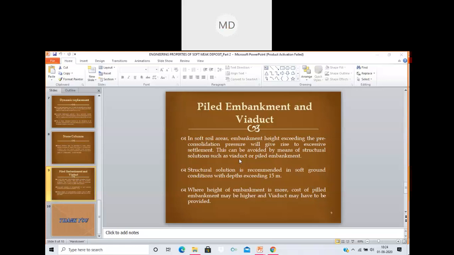So in those small areas, a small valley, we can avoid this soil. We can just construct a viaduct, and we can go from this part to another part with the help of this viaduct.